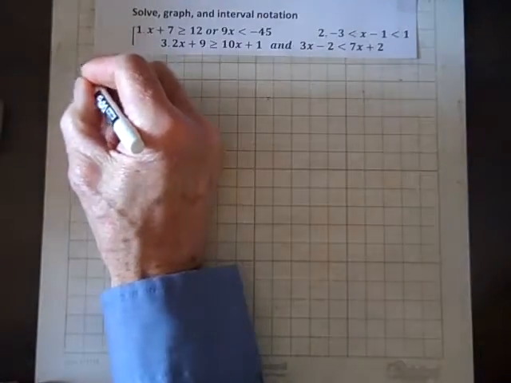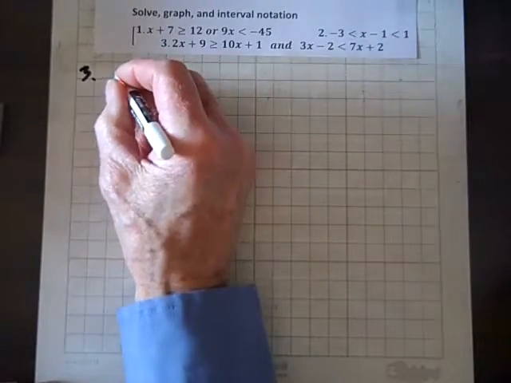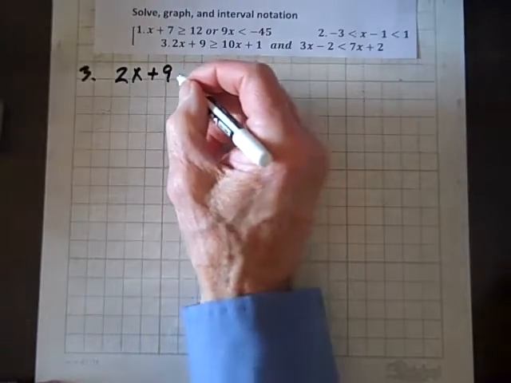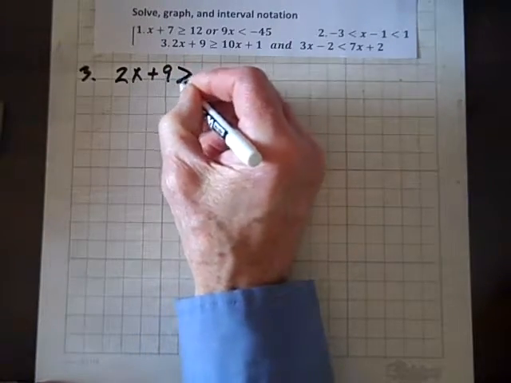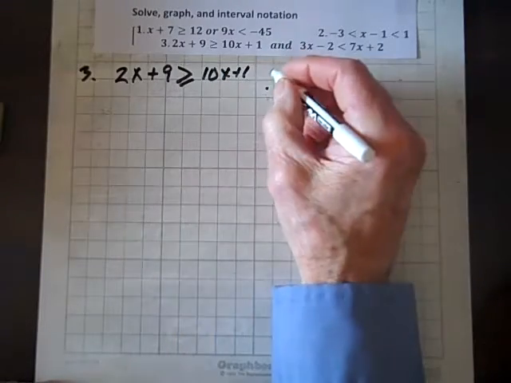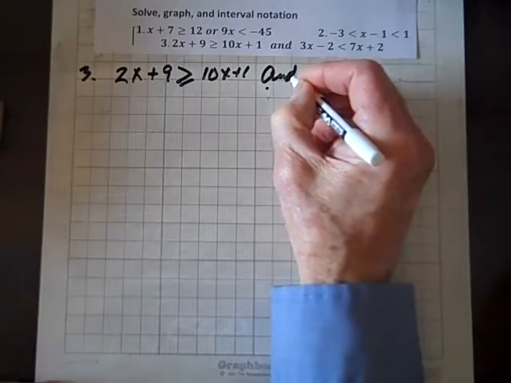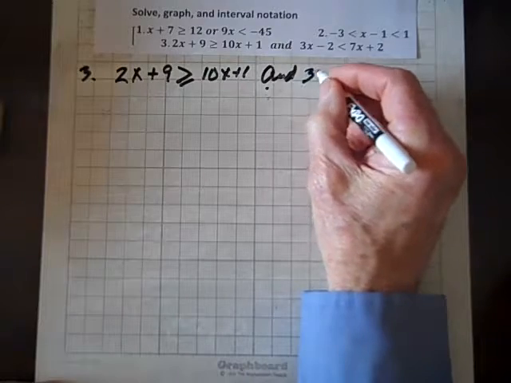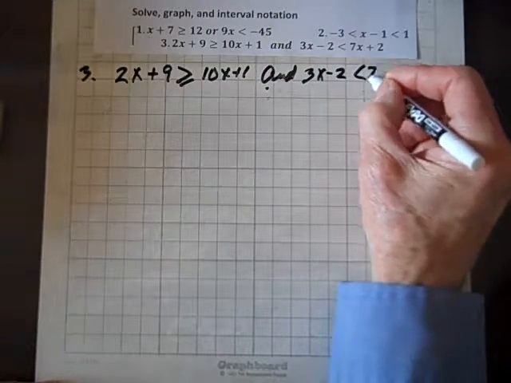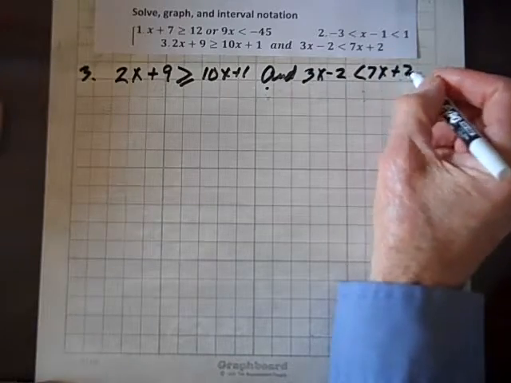So here's number 3, and we have 2x plus 9 is greater than or equal to 10x plus 1, and 3x minus 2 is less than 7x plus 2.